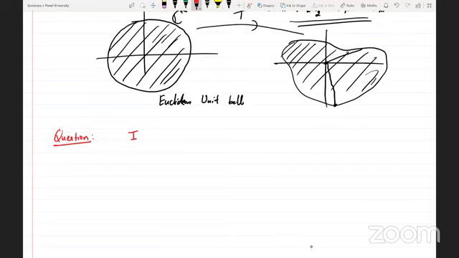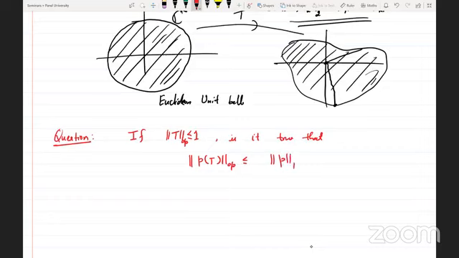If the operator norm of T is less than or equal to 1, is it true that the operator norm of P(T) can be compared with the norm of P?